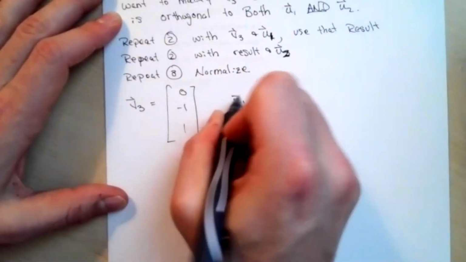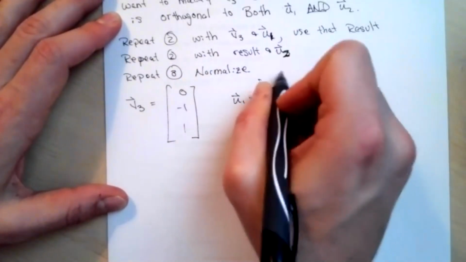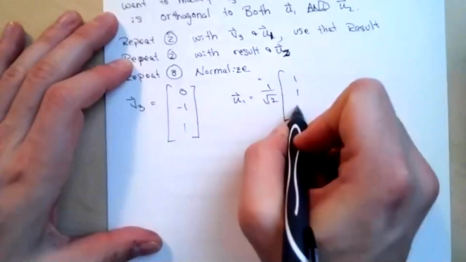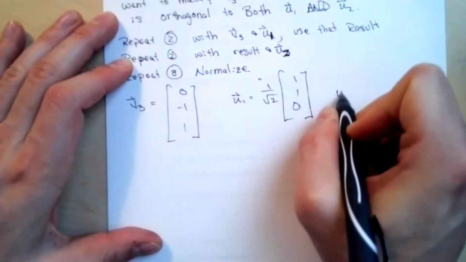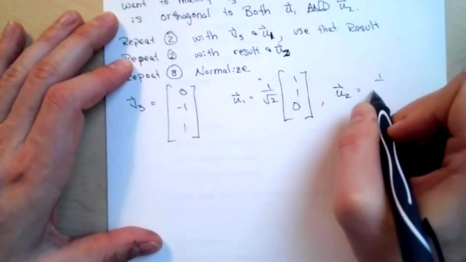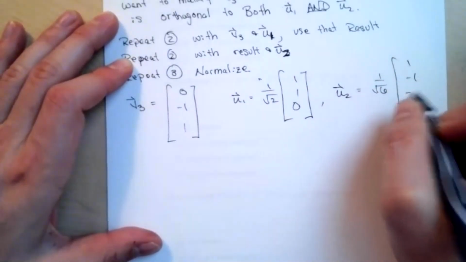Our U1, let's go ahead and rewrite all these, was 1 over root 2 times 1, 1, 0. And our U2 was 1 over root 6 times 1, minus 1, minus 2.